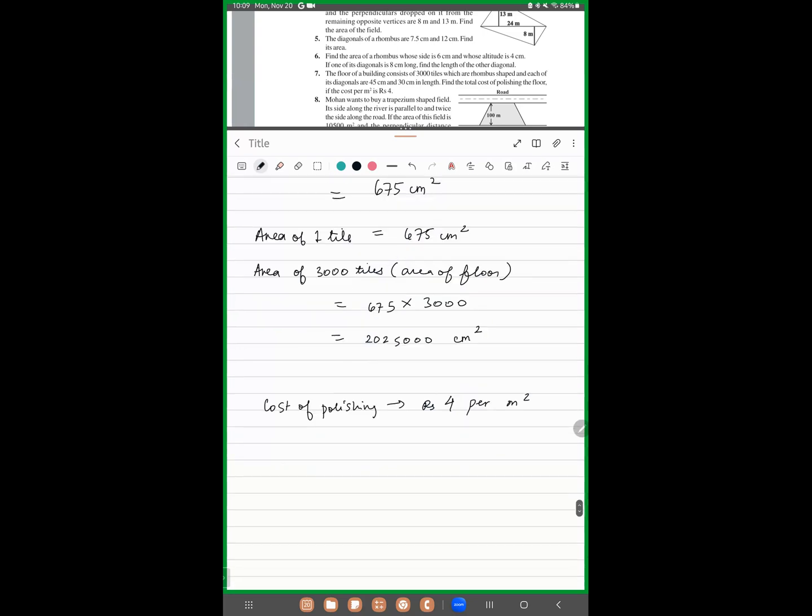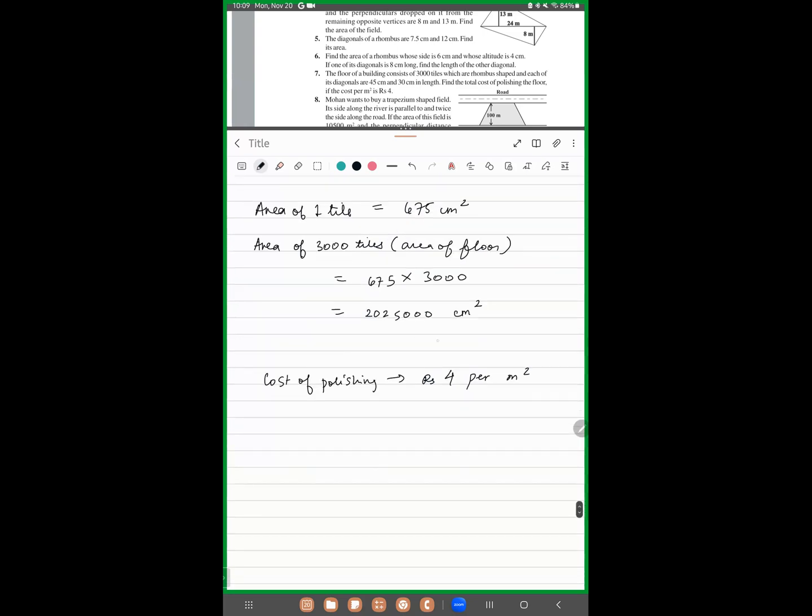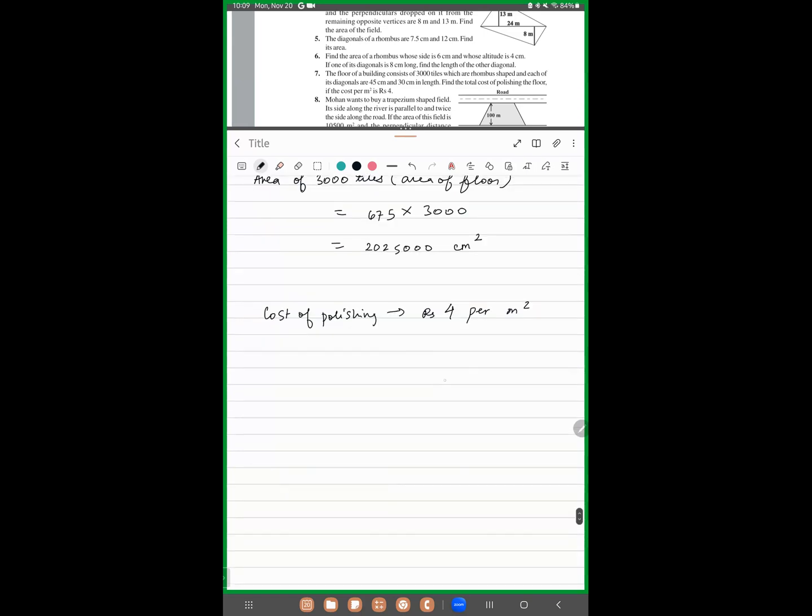See, how do we convert it? 1 meter is equal to 100 centimeters, right? This one we know. So if you say 1 meter multiplied by 1 meter is equal to 100 centimeter multiplied by 100 centimeter, right?